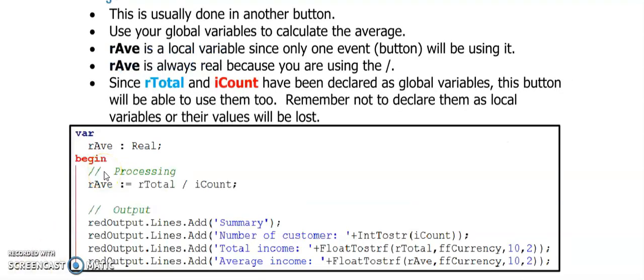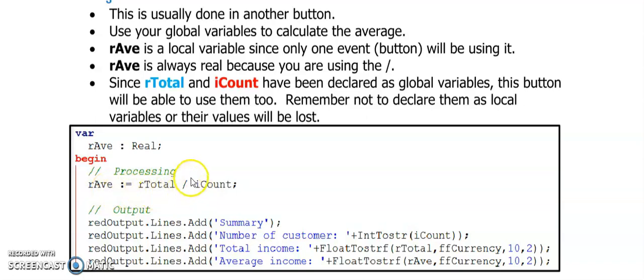We are now often asked to calculate an average, and this is often done in a different button. But because our total and iCount are both global variables, I can use them now in a third button. So here I'm calculating the average. RAVE is my local real variable.